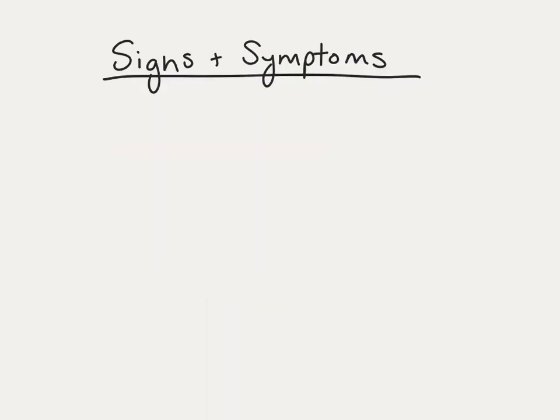The signs and symptoms for hydrocephalus do depend on the age of the patient, because whether or not those sutures and fontanelles have fused greatly affect how the brain, the cranium, responds to that increase in cerebral spinal fluid. So first, let's consider congenital hydrocephalus, or the one that affects infants.